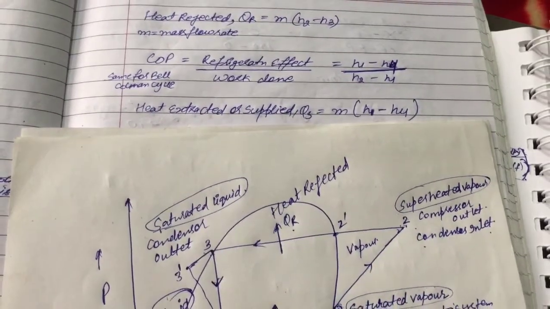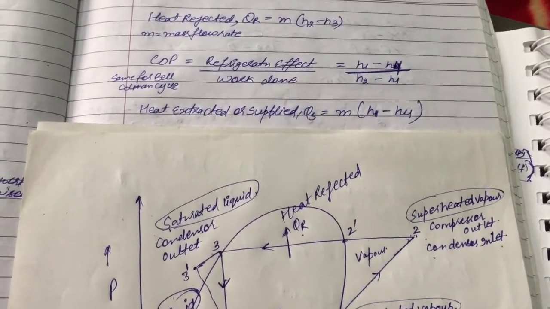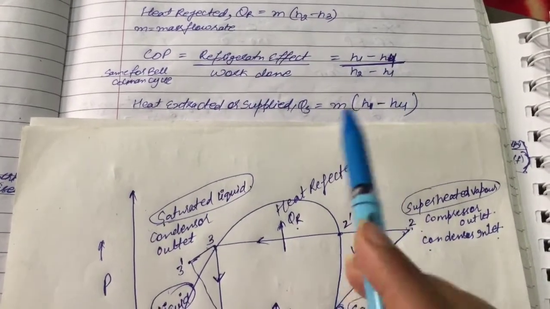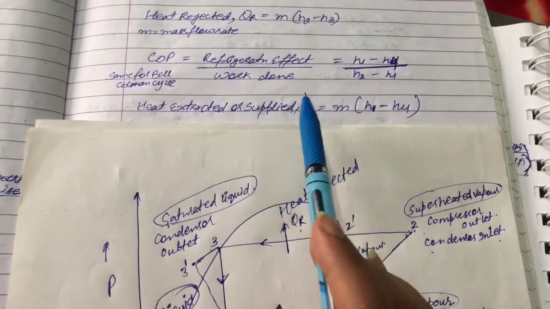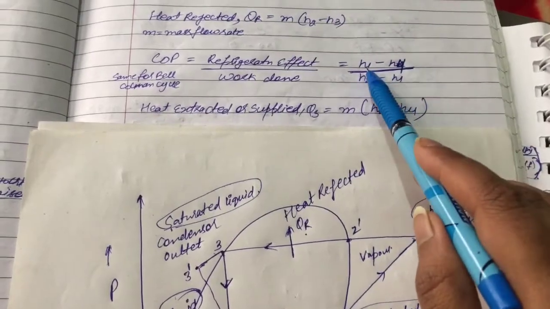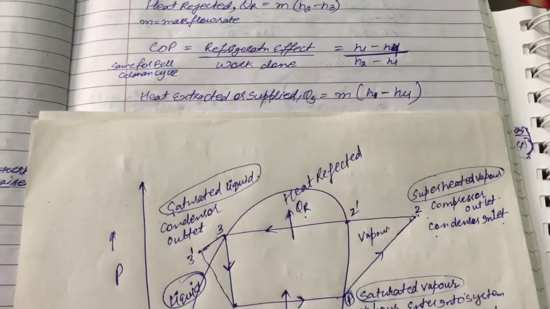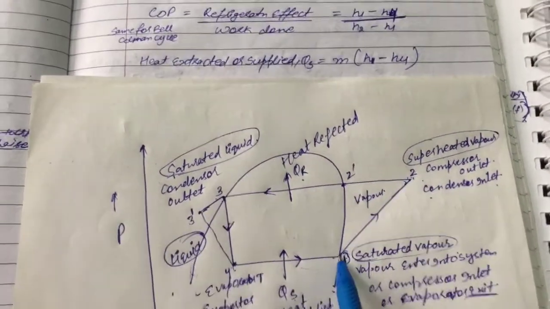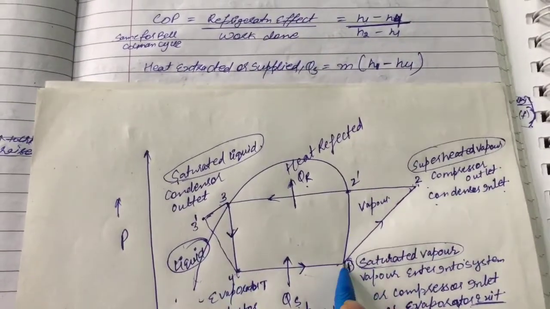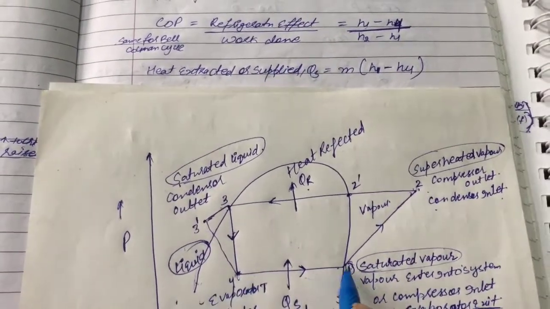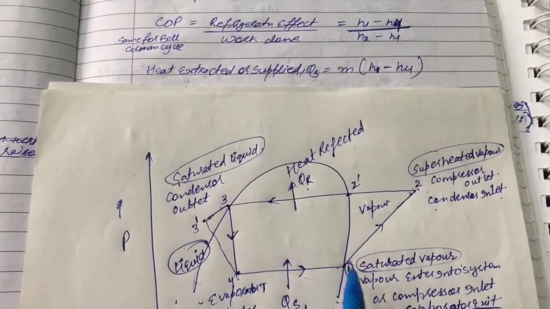Next we have COP. COP would be equal to refrigeration effect upon work done. The refrigeration effect is H1 minus H4. So this is 1, this is 4. H1 minus H4, this is where refrigeration is taking place.